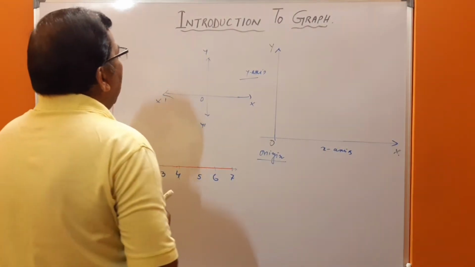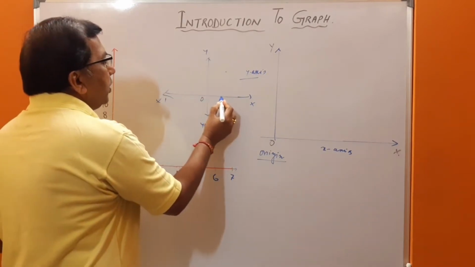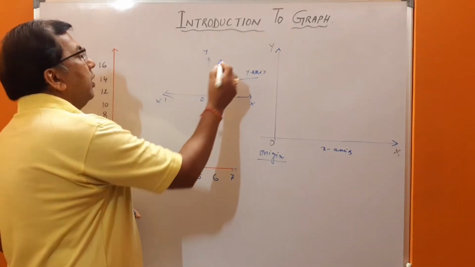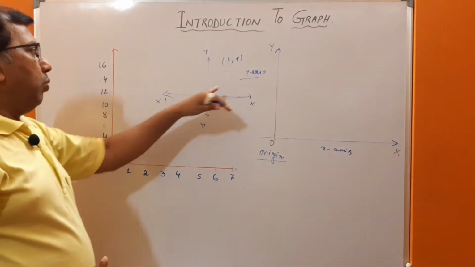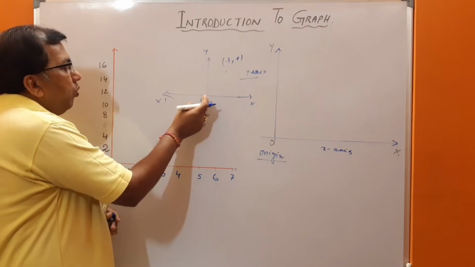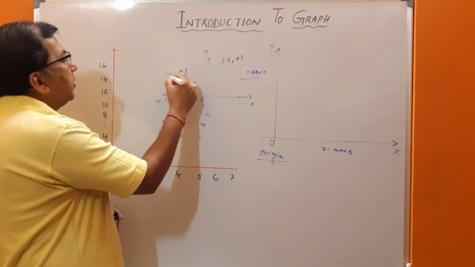So out here, if you first move this way and this way, it will be positive. In this case, all values of x and y will be positive. If you come here, first you move along x, then y. That means minus, then plus.